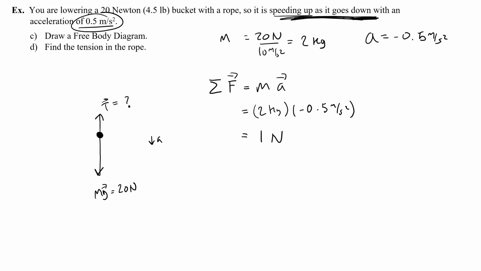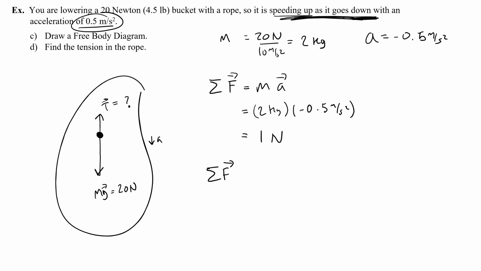Now, what does that mean? Well, let's write our other equation of net force to figure it out. The way I write my other equation of net force is I look at the free body diagram. mg is down and T is up, so I would write T minus mg. Oh, you know what?